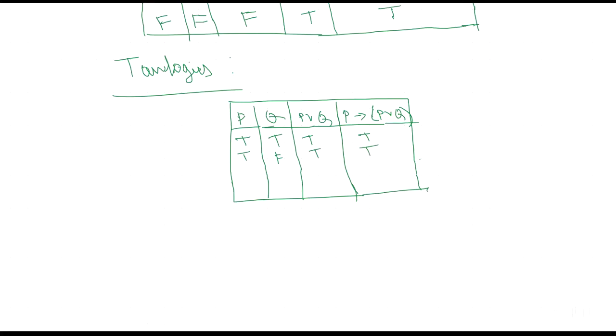P is false, Q is false. P implies Q is true.